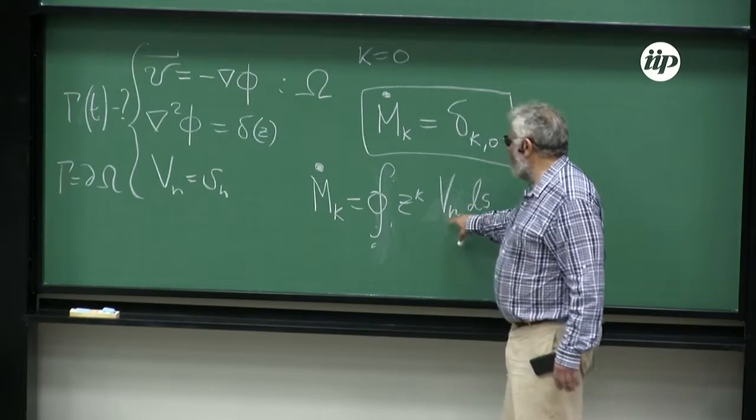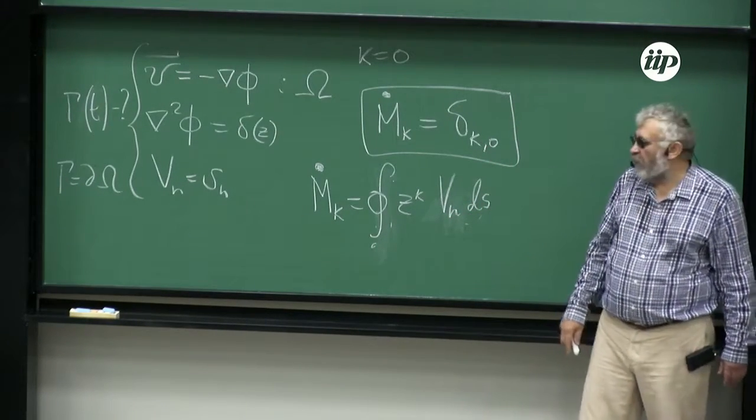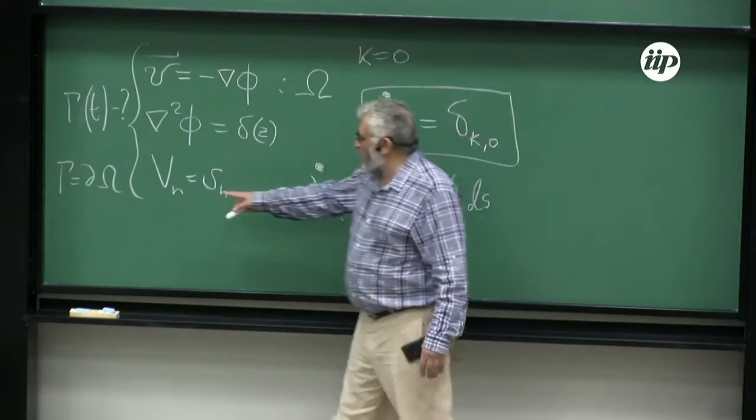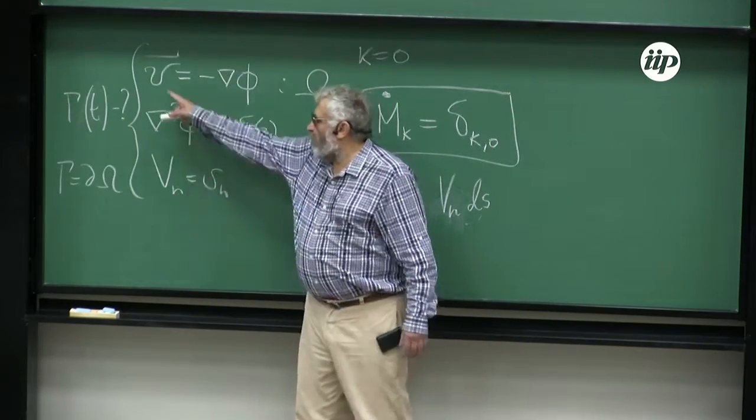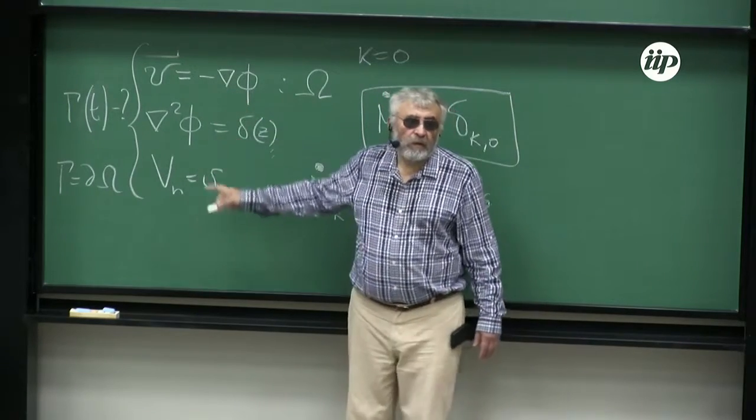And here, the normal velocity of the boundary, however, is the negative normal derivative of phi.